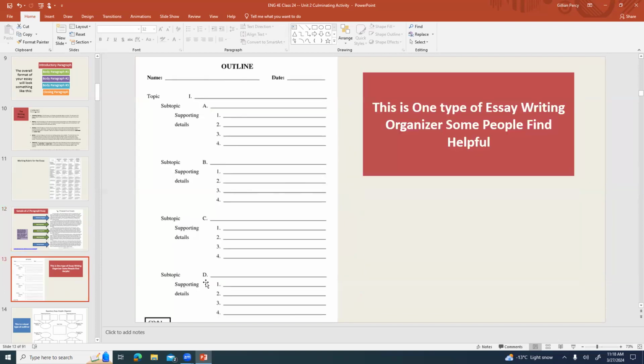I want to show you two different sample organizers to organize your thoughts. This is a very typical one where your overall topic would be up here, your main idea. So maybe you've got your paragraph on the plot of the novel, paragraph on your opinion of the novel, paragraph on the characters, paragraph on the theme.